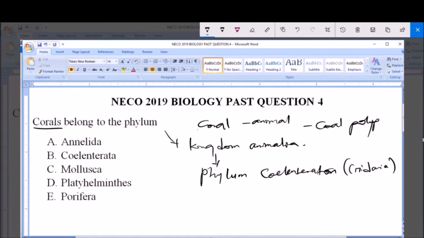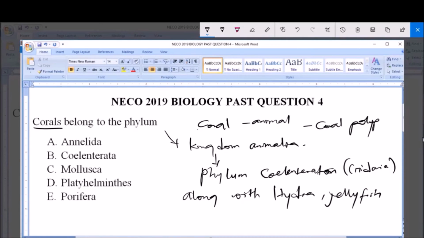So, along with the hydra, sea anemones, and jellyfish, and coral, they are all phylum Coelenterata. Now they are phylum Coelenterata because they have what?